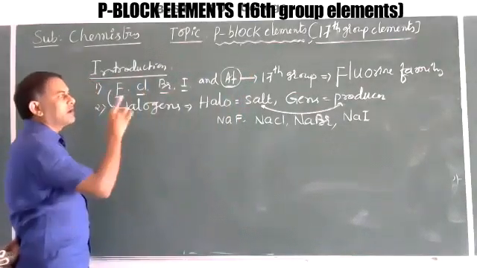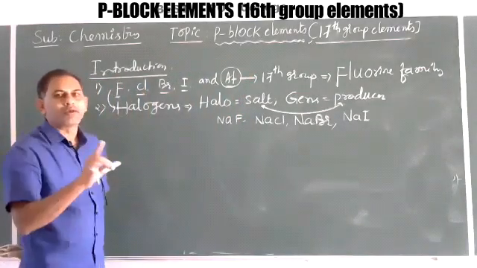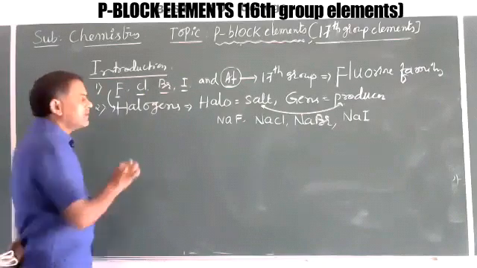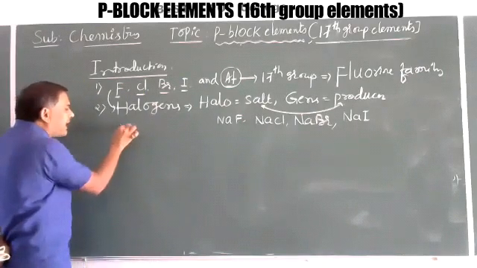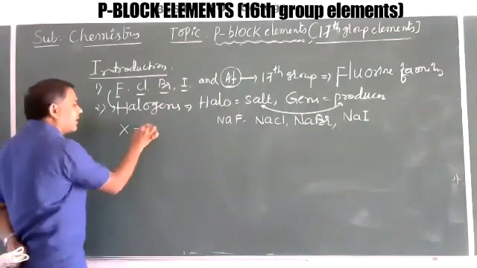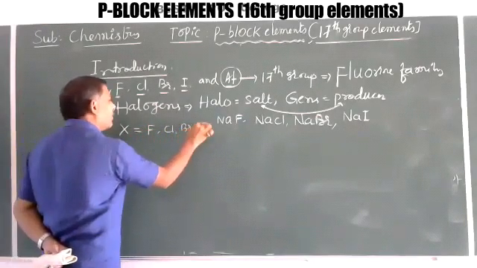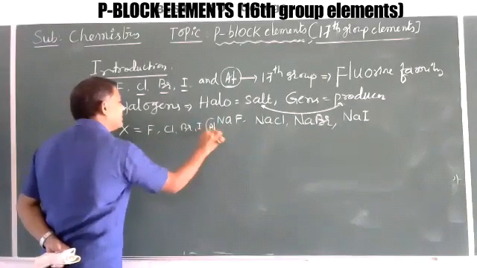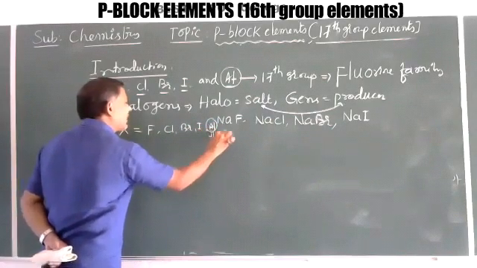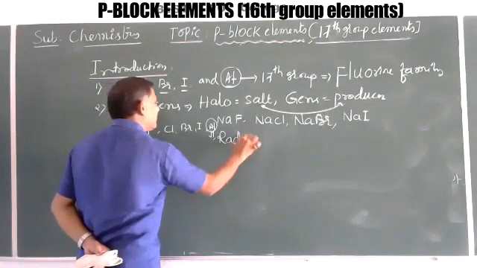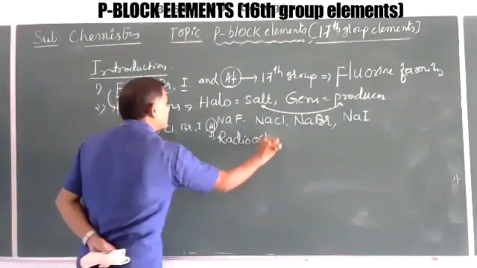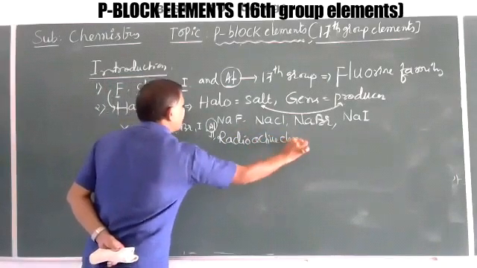It exists in atomic state, not in molecular state. These are represented as X. Your X are fluorine, chlorine, bromine, iodine and astatine. It is a radioactive element.